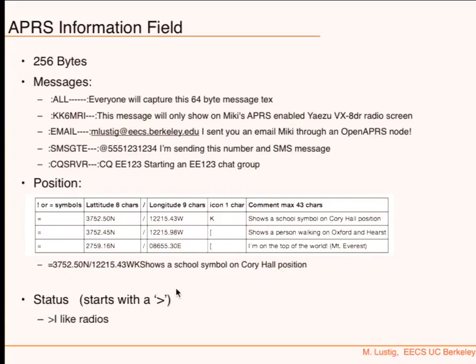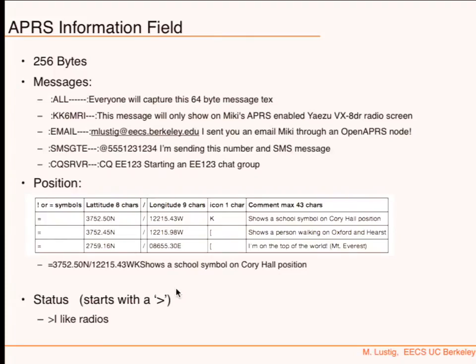The last one is a status message that some radios will display. Kenwood type radios, if they see a status message, will display it for people that pick up those packets. It starts with a greater-than sign.